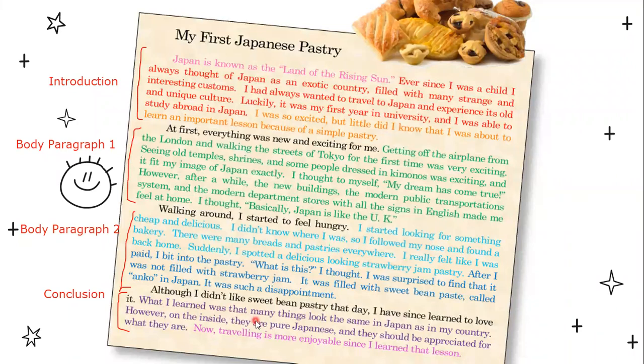What I learned was that many things look the same in Japan as in my country, which is London, UK. However, on the inside, they are pure Japanese and they should be appreciated for what they are. So we need to like things as they are in that country, even if they look like what they have in UK. Now, traveling is more enjoyable since I learned that lesson.